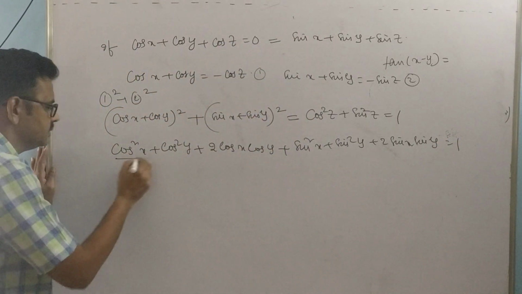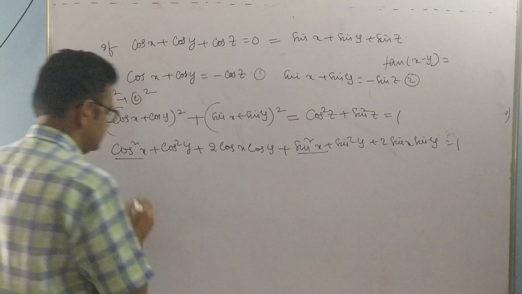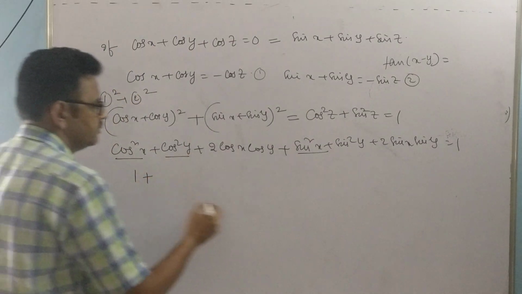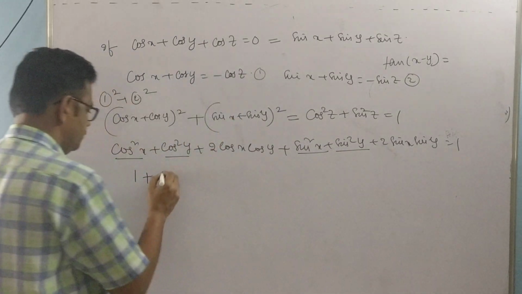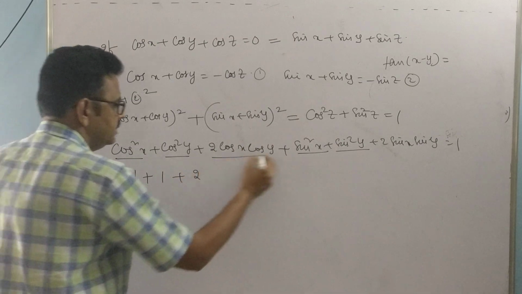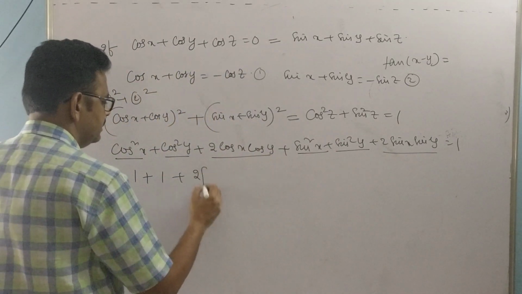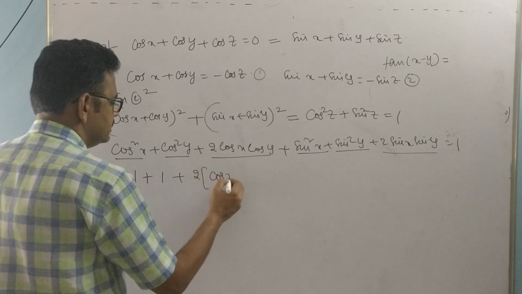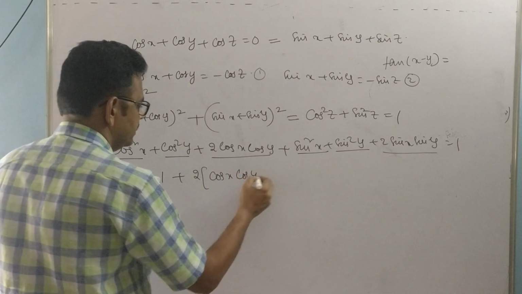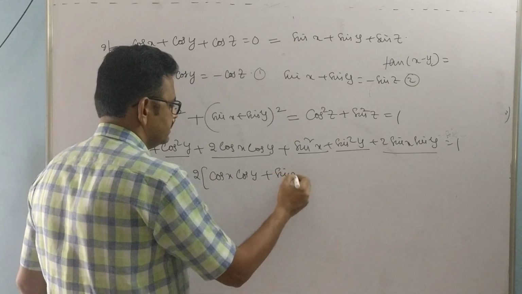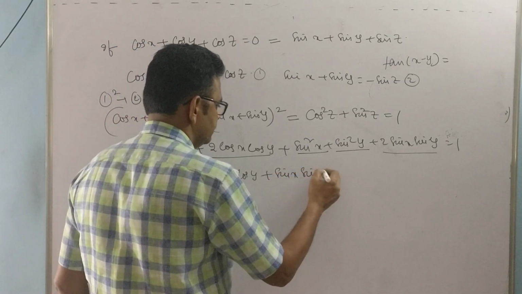Now cos square x plus sin square x is 1, plus cos square y plus sin square y is 1, plus these two, take 2 common: cos x cos y plus sin x sin y.